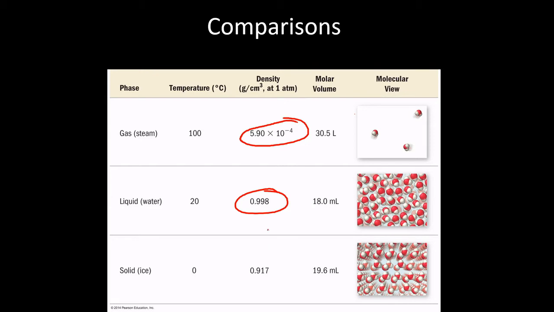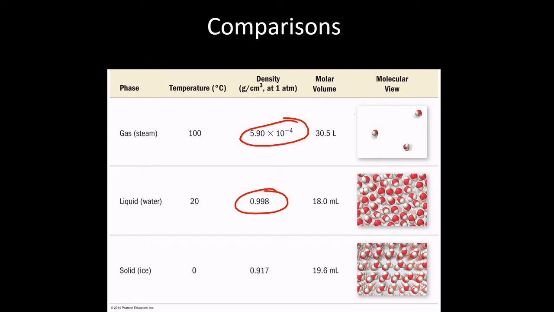And for most materials, that is true. Most materials out there, as you go from gas to liquid to solid, the density increases, and therefore the molar volume decreases. But not so with water. Water is different.